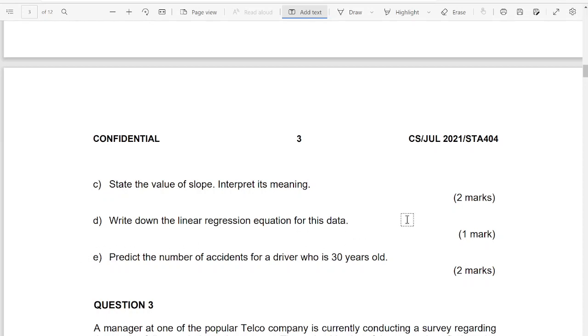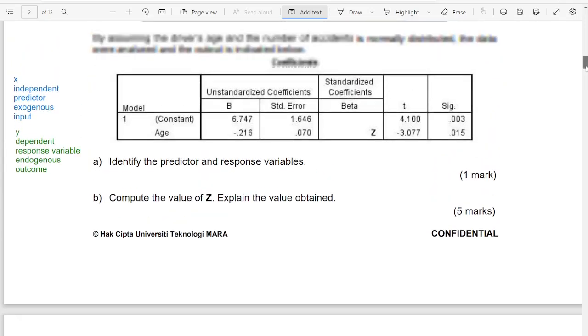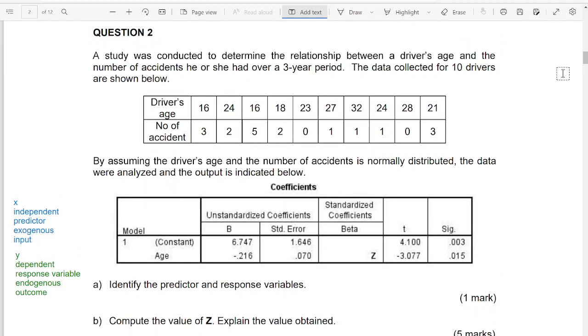So this is one more way for us to determine which one is the independent and which one is the dependent variable. Or in this sense, it uses the terms predictor and response variable. So the answer here for the predictor, you have age. So age will be the predictor variable.